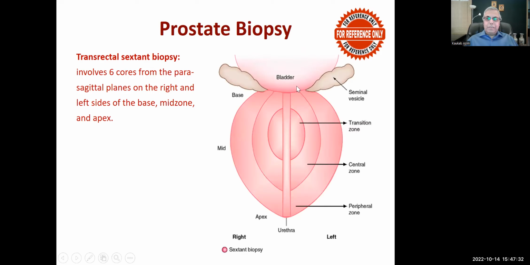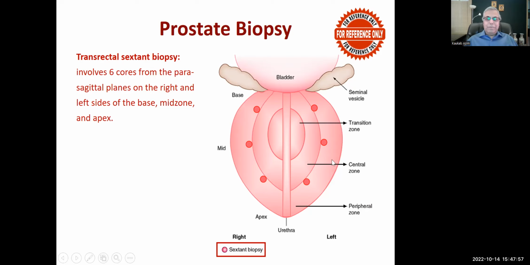For example, this is the bladder and the seminal vesicles, and this is the prostate. This is the base, the midzone, and the apex of the prostate gland. This is the right side and this is the left side. So what the pathologist does in sextant biopsy is obtain 6 cores: one from the apex, one from the midzone, and one from the base on the right side, and the same on the left side.